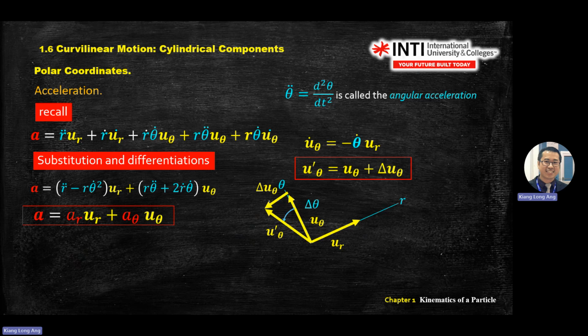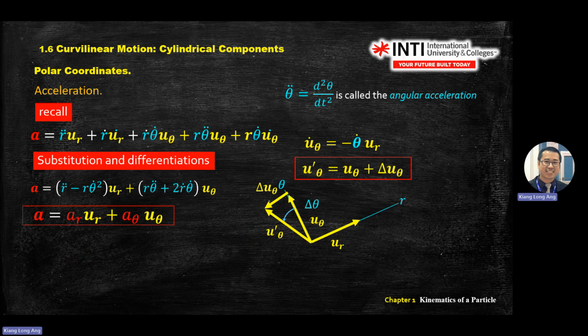Let's say you're given R as 3x plus 3y squared something. Then you differentiate, then you double differentiate, and so on. From the screen, the blue color, you need to do first the R double dot, minus R theta dot squared, and then you get the first component for the radial direction.